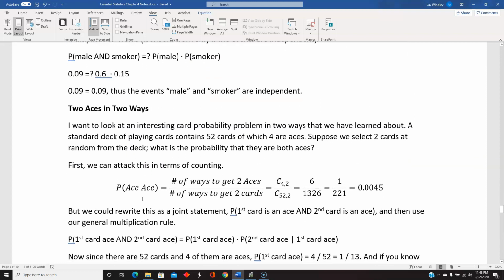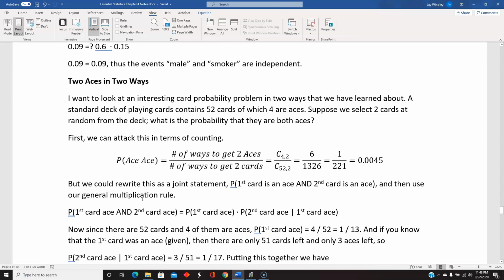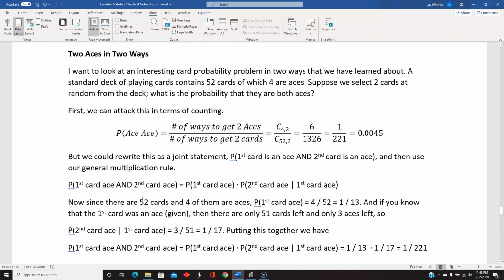Okay, so let's use a couple of the rules we've learned about to discuss an interesting problem from a game of cards. Suppose we have a standard deck of playing cards which contains 52 cards and 4 of them are aces. We're going to select 2 cards at random from the deck, and we would like to know the probability that they're both aces.